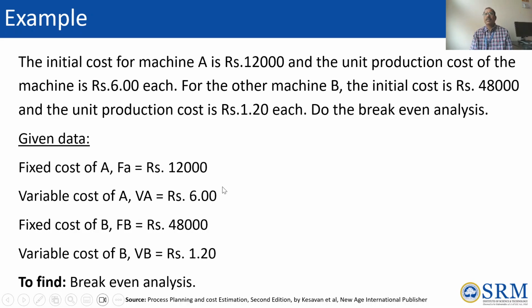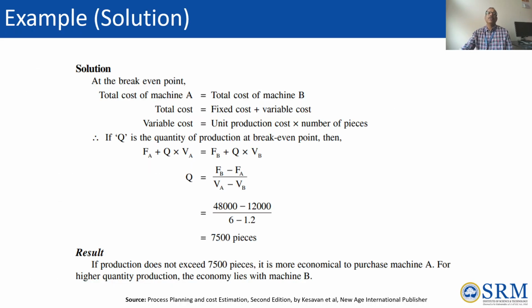But the assumption is that at the break-even point, the total cost of machine A equals the total cost of machine B. We'll use that relationship to solve the problem. What is total cost? Fixed cost plus variable cost. Fixed cost is given for each, including quantity, so with that we can achieve this relationship.